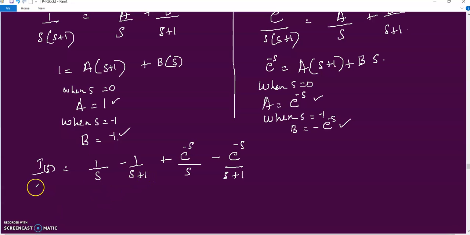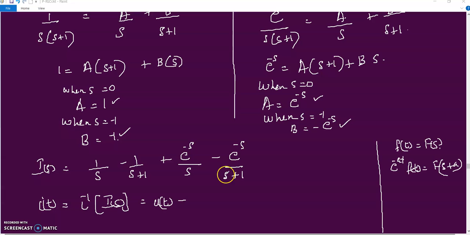Now we can write the inverse Laplace transform. I(t) is equal to L inverse of I(s). The inverse Laplace transform of 1 by s is 1 itself. So here, since it is a u(t) function, we can write it as u(t). Laplace transform of u(t) is also 1 by s. So here we have 1 by s plus 1.